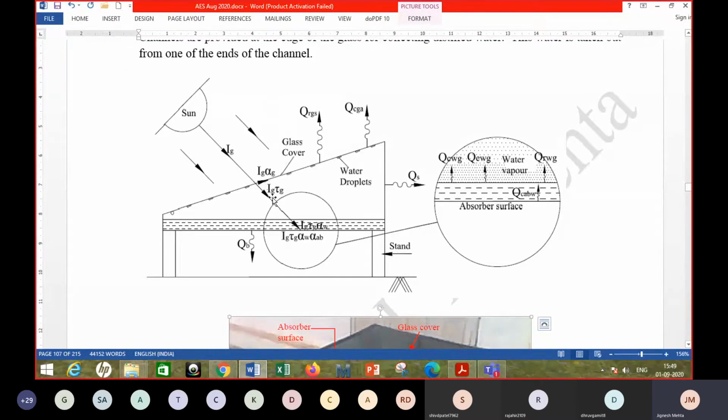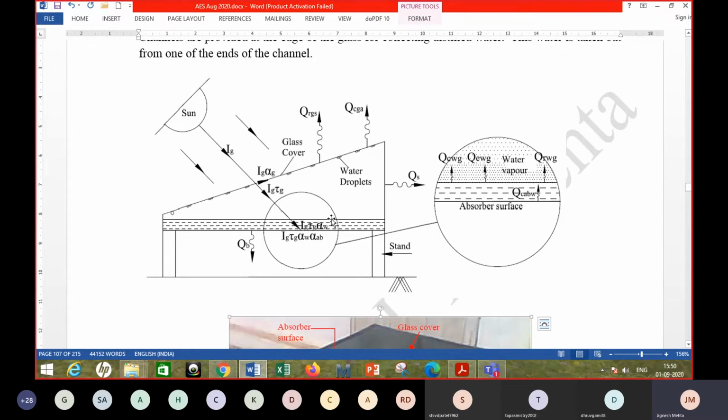So what you get inside is Ig into tau g. Now it enters into the body of the water that you have filled in the basin. The water has its own absorptivity. So what is striking the basin, the black color layer on the upper surface of the basin, is Ig into tau g into alpha w.